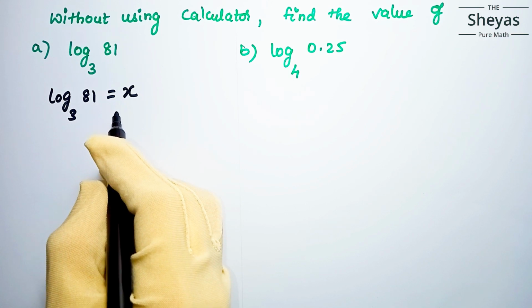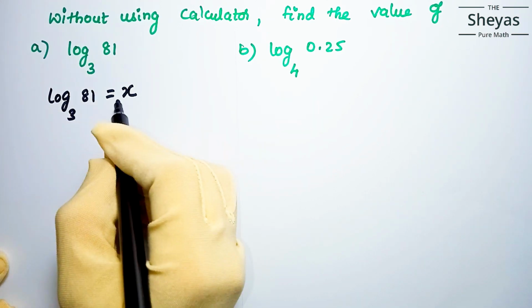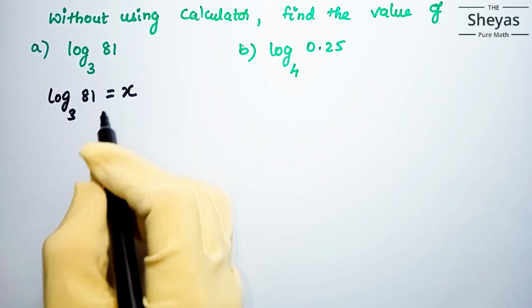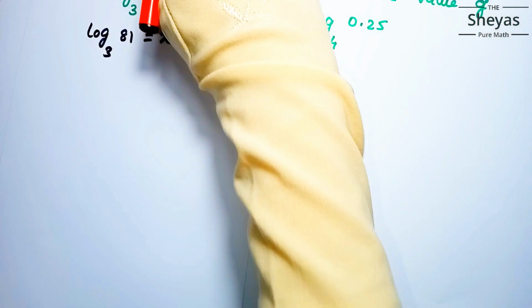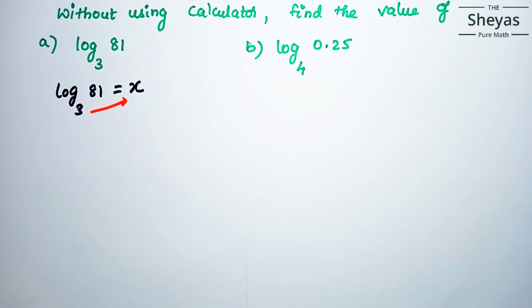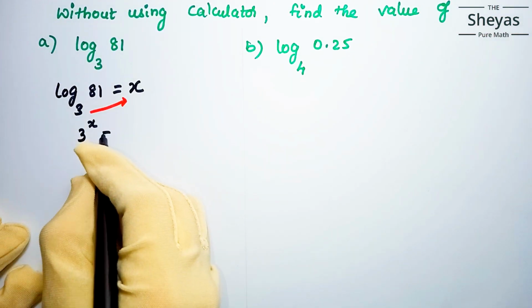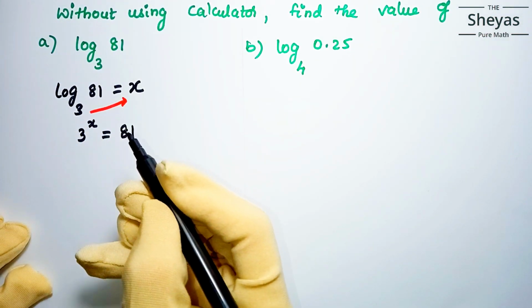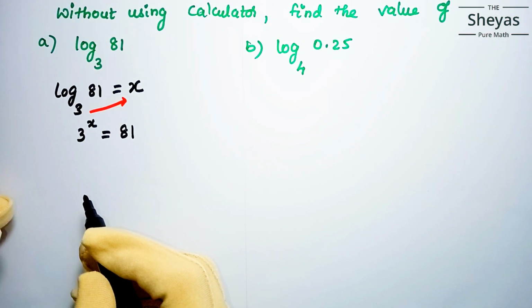When you are converting to exponential form, you have to keep this arrow in mind. So when converting, what will you get? 3 power x is equal to 81. So you are converting the logarithmic format to exponential form.